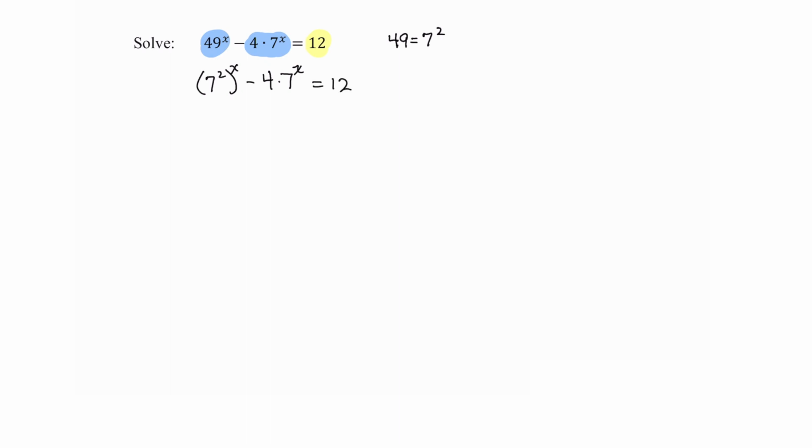Now recall from our properties of exponents that if I have an exponential expression to yet another power, to simplify that I keep the base and I multiply the exponents. So that means my first term is 7 to the 2x, minus 4 times 7 to the x is equal to 12.